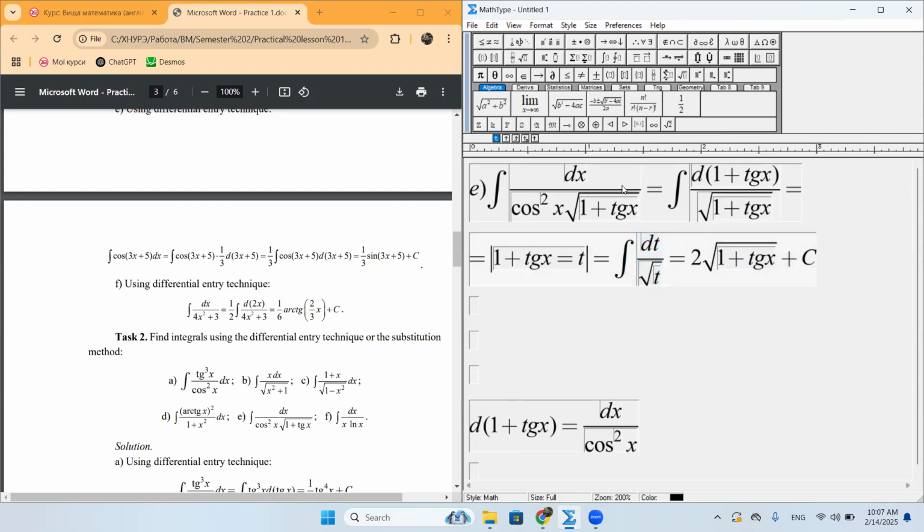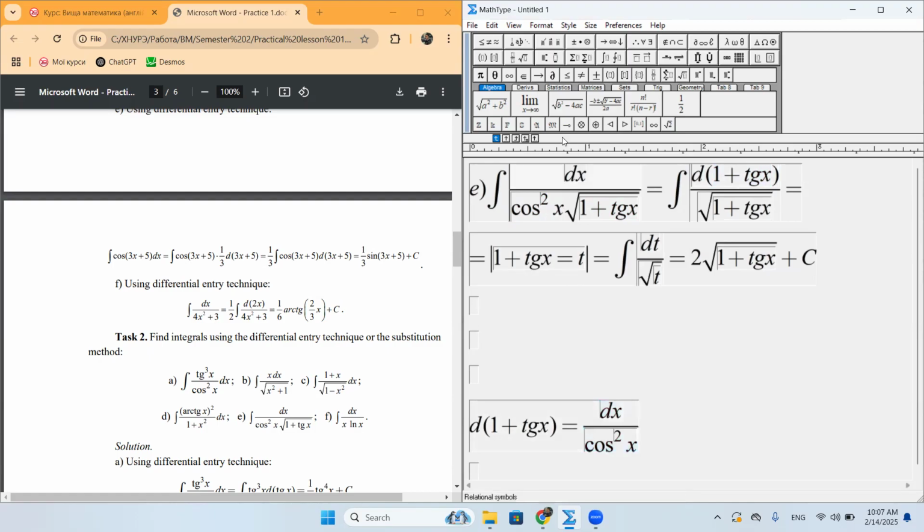So we see a differential of the function under the integral. Here is the differential of this function. And if we move this 1 divided by cosine squared of x under d, then if we differentiate this expression, we will receive this part.